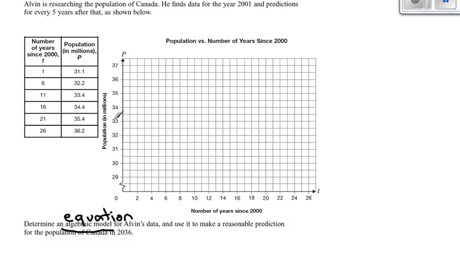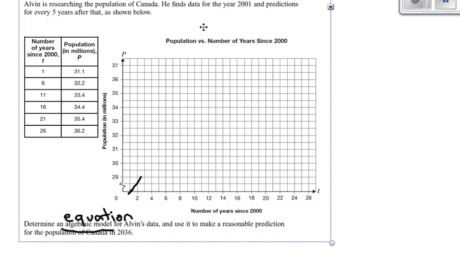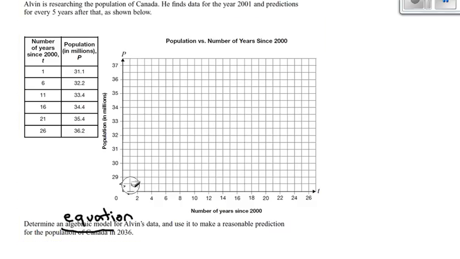So let's put these points on. So 1 year after 2000, so 2001, is 31.1 million. 6 years would be 32.2. 11 years is 33.4. 16 years is 34.4. 21 years is 35.4.